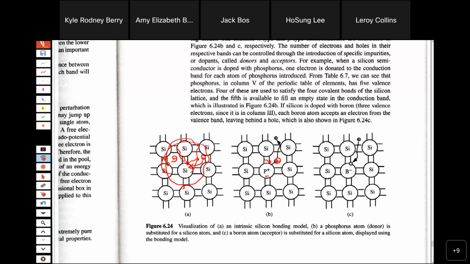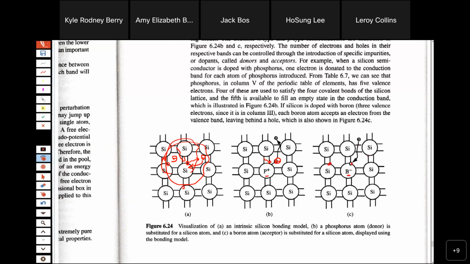As for holes, boron has 3 valence electrons, so there is a hole naturally. So easily some electron is replaced, and then the hole is moving.